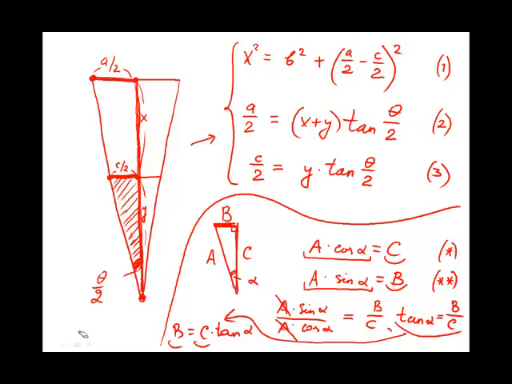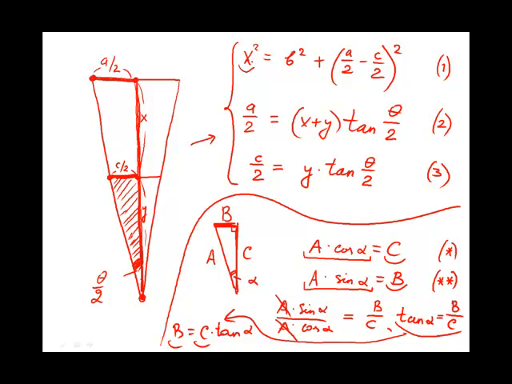But here, at first sight, we have a difficult problem because we have a non-linear system. We see x squared. We have theta under tangent. So at first sight, this seems to be a difficult system to solve. But actually it's not as difficult.